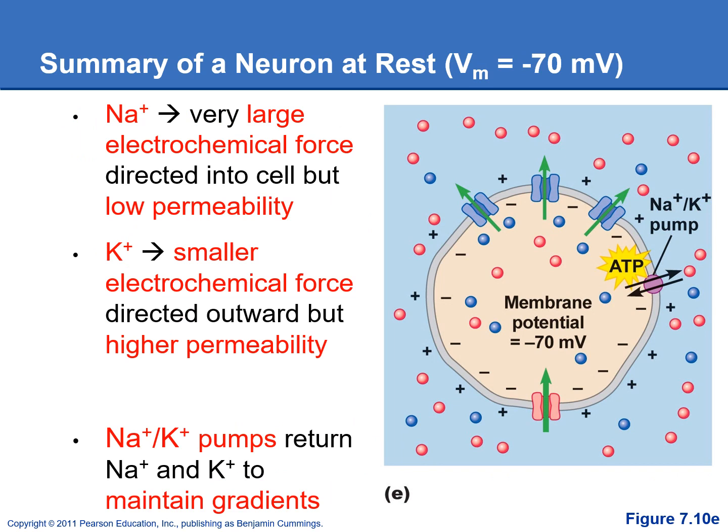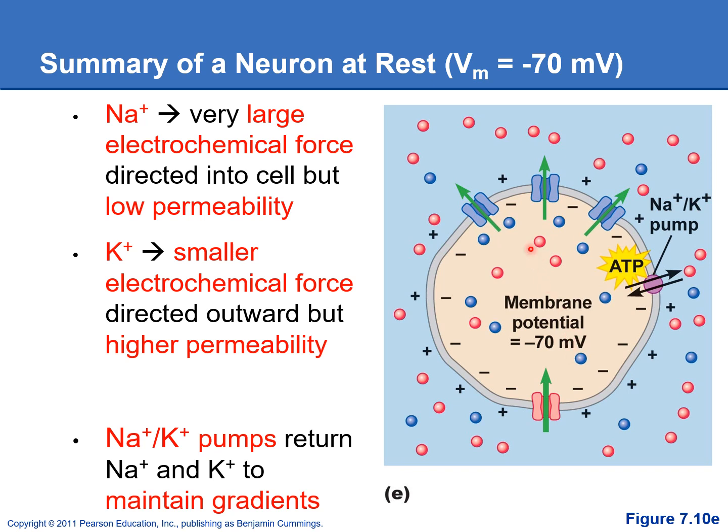Okay, and then this is just a summary of the neuron at the resting membrane potential of minus 70 millivolts. So for sodium, there's a very large electrochemical force. Sodium really wants to get into the cell, but there's not a lot of sodium leak channels for sodium to get in.